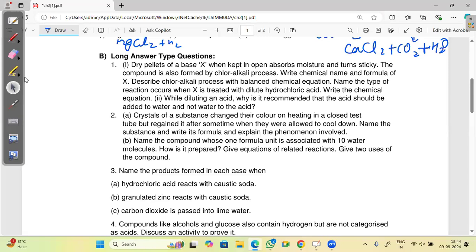Next one. How is it prepared? So how do you prepare washing soda?